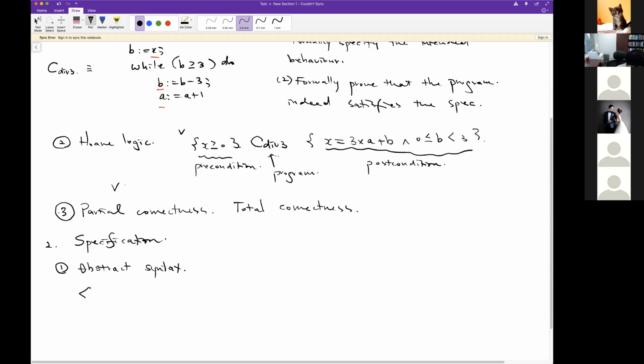This syntactic category is defined in a very simple way. There are only two cases. The first case is for partial correctness. The second case is for total correctness.